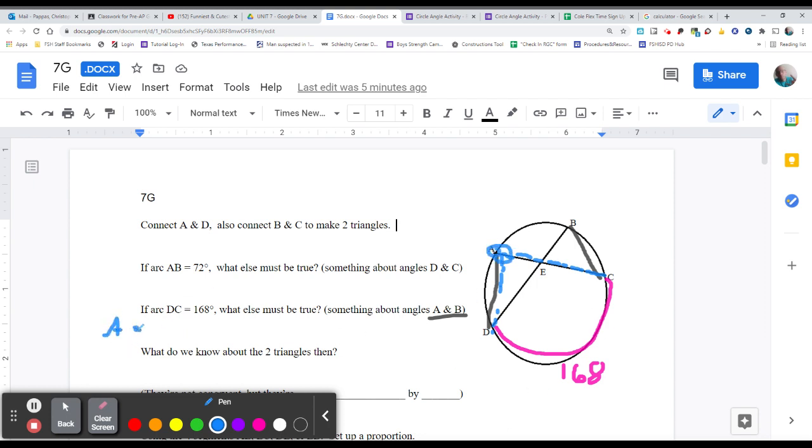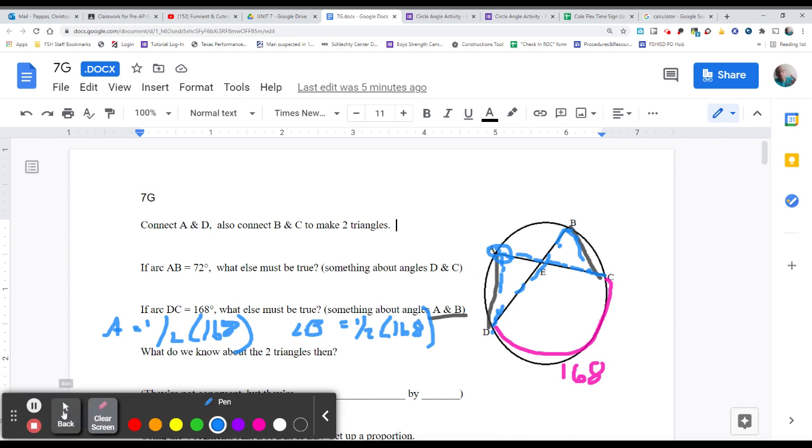So A is going to be half of 168. And if we look at angle B, it forms the same arc. So angle B is going to be half of 168 as well. So A and B are going to be equal to each other.